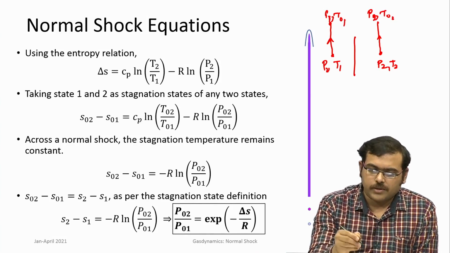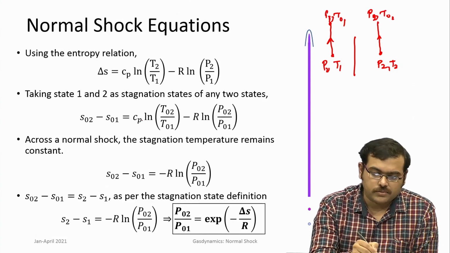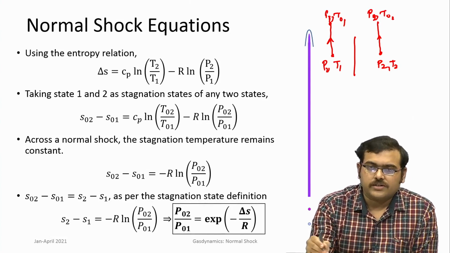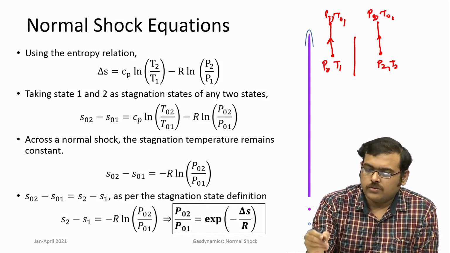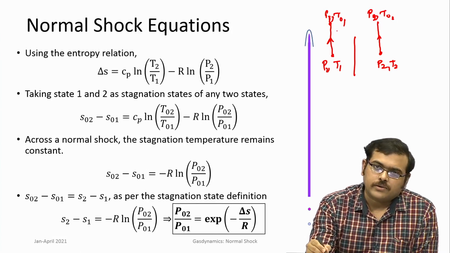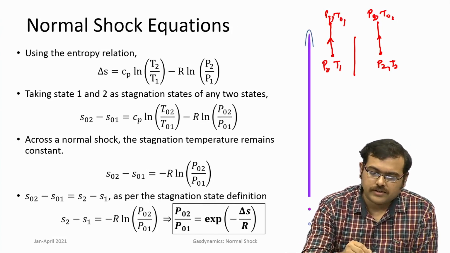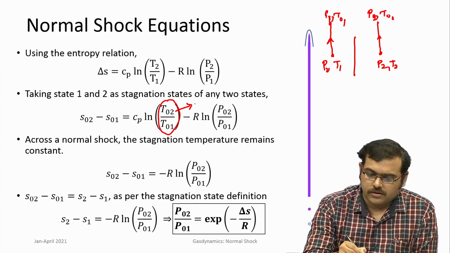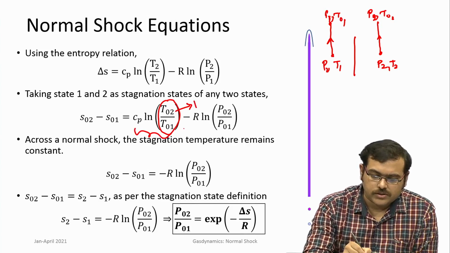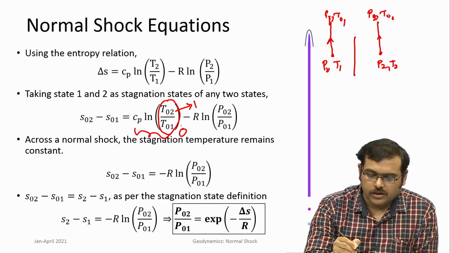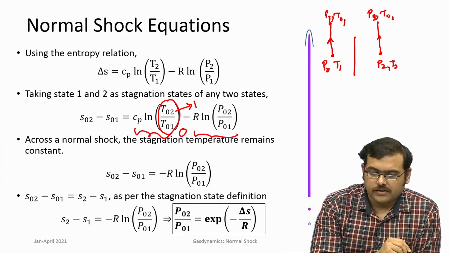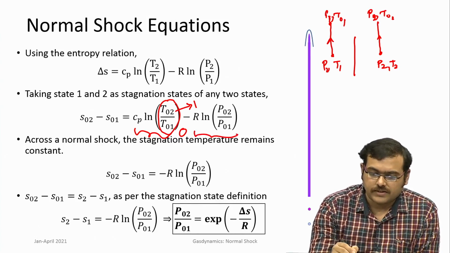So the same equation, the change in entropy, can be written in terms of changes in the stagnation quantities, and we know that across the shock wave the stagnation temperature does not change, stagnation enthalpy is constant. So T02 by T01 is 1, so this term goes to 0. So you can get the relation telling the change of stagnation pressure.